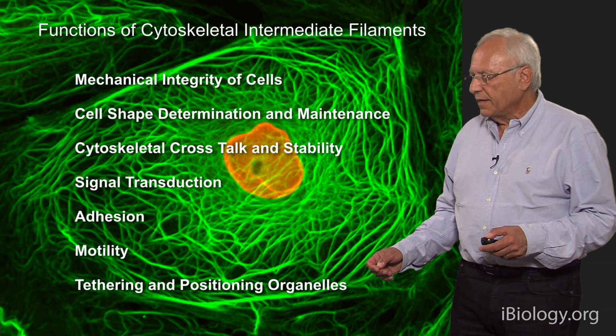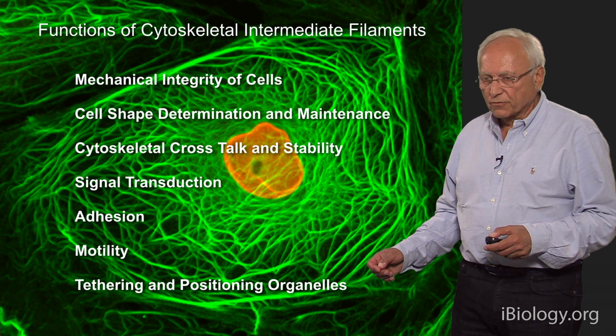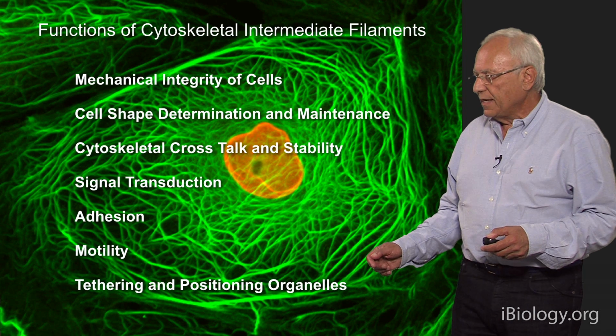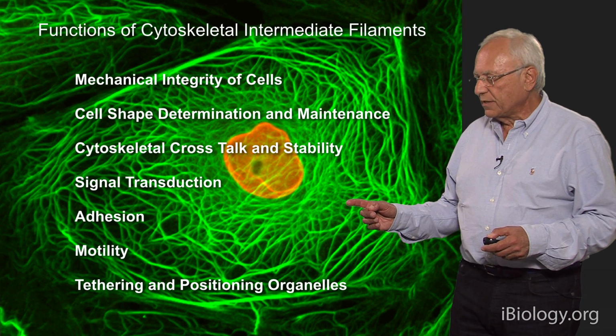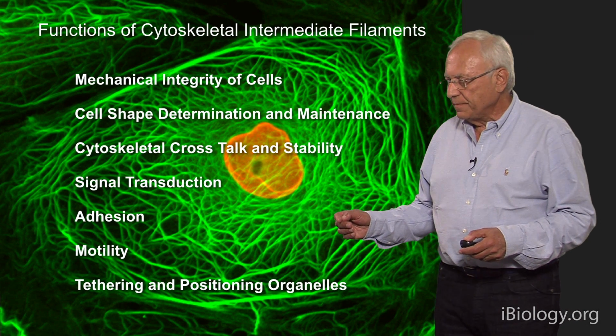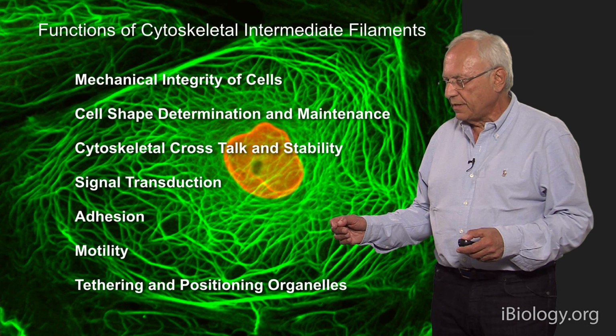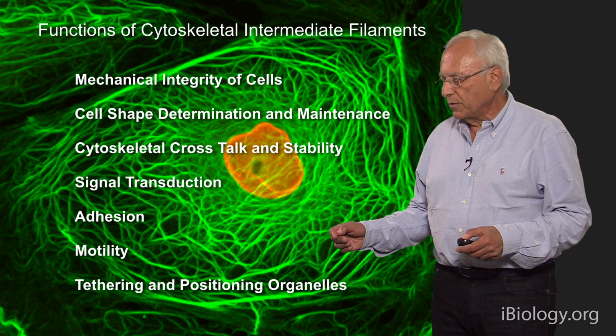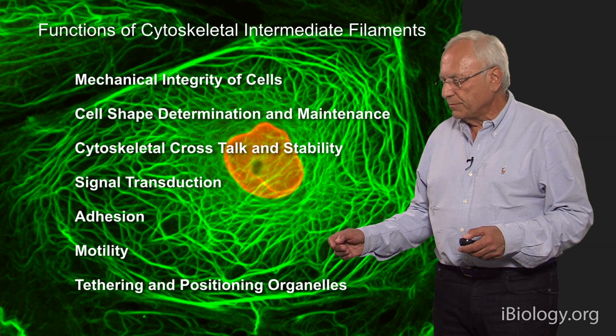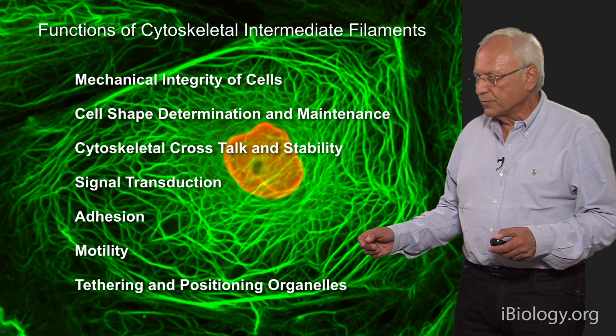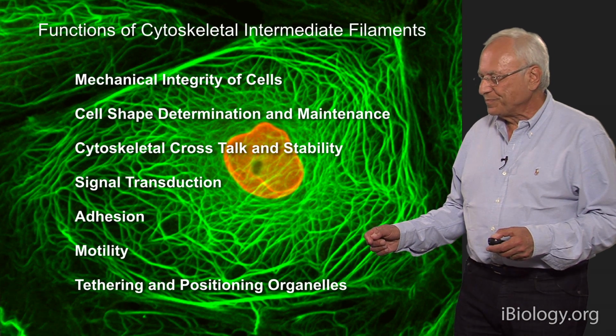That is, they frequently bridge between microtubules and actin filaments. They're involved in signal transduction, adhesion, both cell-cell adhesion and cell extracellular matrix adhesion. They're involved in cell motility, and they're involved in the positioning and tethering of organelles within the cytoplasm.